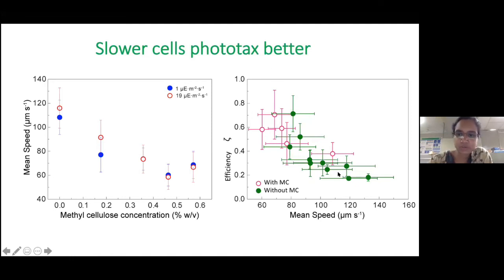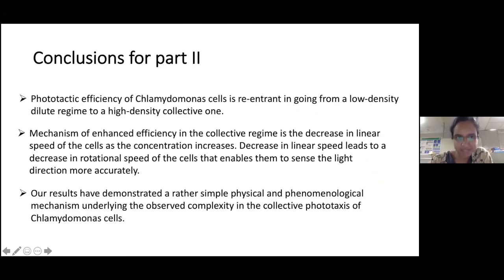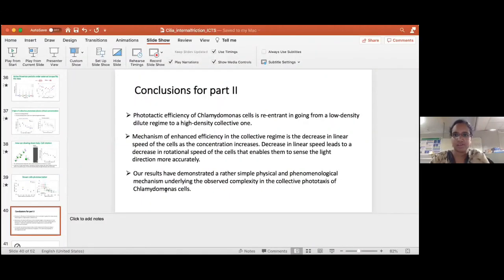This kind of curve tells you that our hypothesis is probably correct, that the mechanism of enhanced efficiency is the decrease in the linear speed of the cells as the concentration increases. So we have given a simple physical and phenomenological mechanism that shows the observed complexity of the collective phototaxis. I will stop here, and if there are any questions, I can take them.